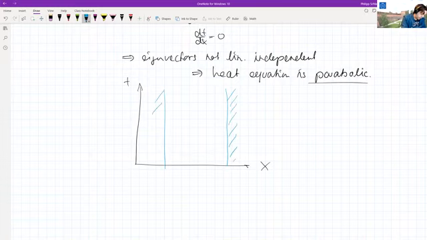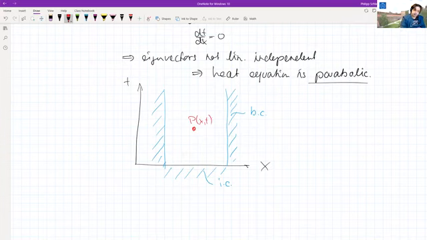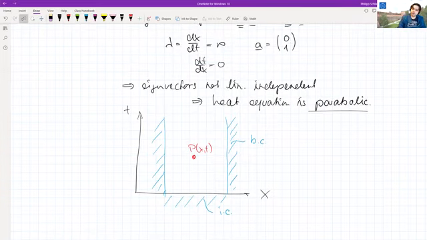So we have two walls on the side, and then of course we also have an initial condition. So we can say that these are the boundary conditions. This would be the initial conditions. And then I put in my point P as a function of x and time. Now, maybe the first question that one can have here is, okay, how do the characteristics look like?